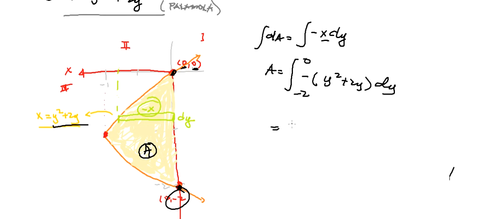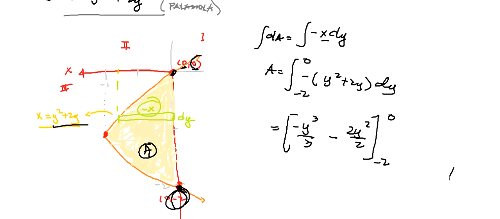Then integrating, we have negative y cubed all over 3 minus 2y squared all over 2, from negative 2 to 0.